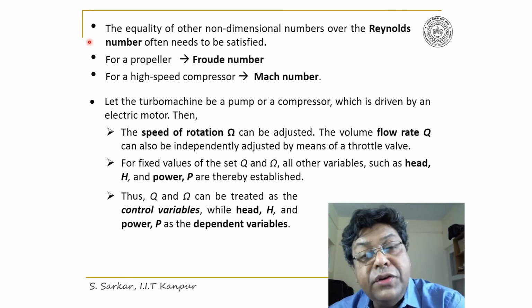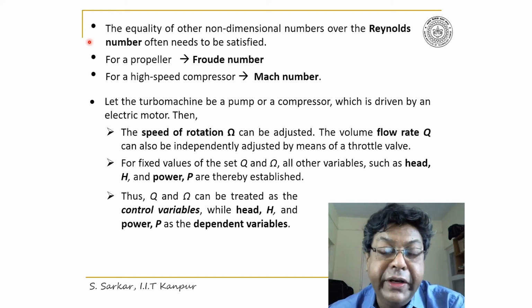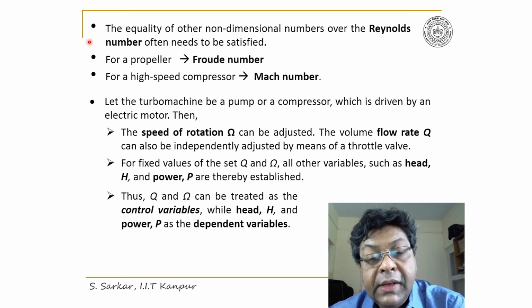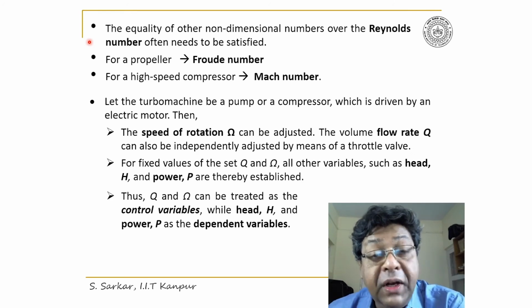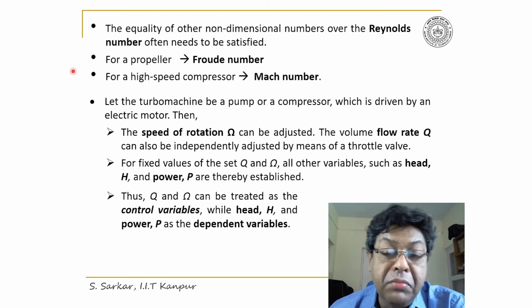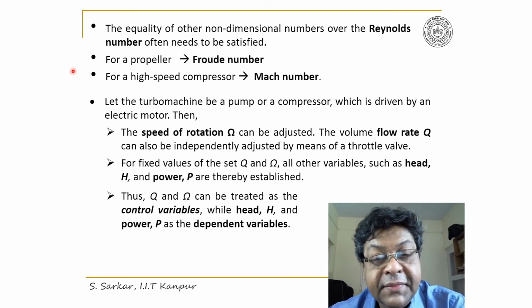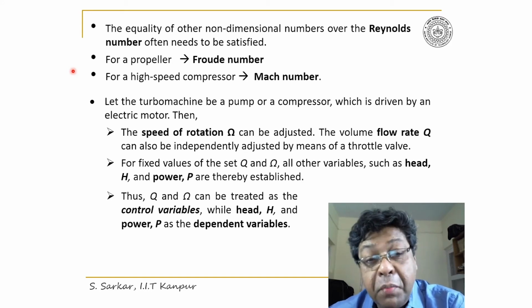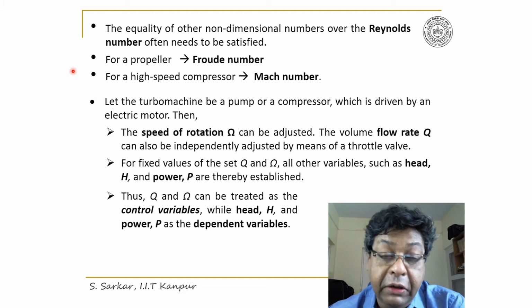Equality of other non-dimensional numbers apart from the Reynolds number often needs to be satisfied between two machines. Suppose for a propeller, the Froude number has to be equal. For high-speed compressors, the Mach number needs to be equal.